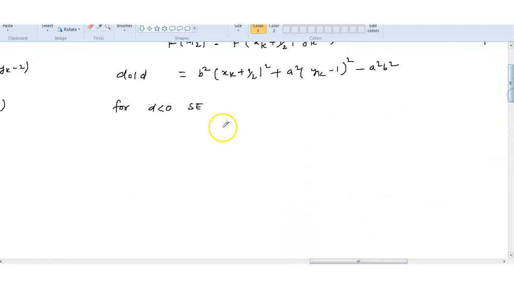So first for the southeast, the coordinate will be d new is equal to f of xk plus 3 by 2 and yk minus 2.